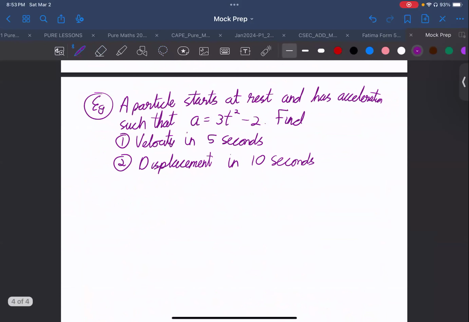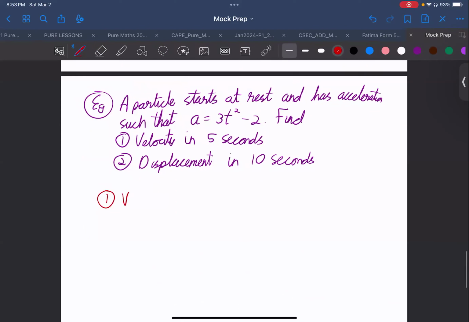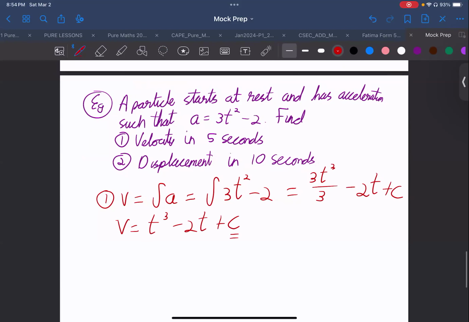So we know the first question. One, V is the integral of A, the integral of 3t squared minus 2, which is 3t cubed over 3 minus 2t plus c. So V is t cubed minus 2t plus c. However, we need to solve for c.